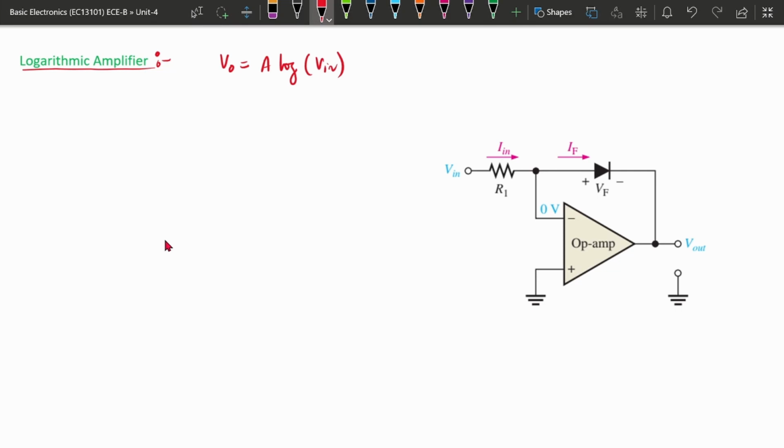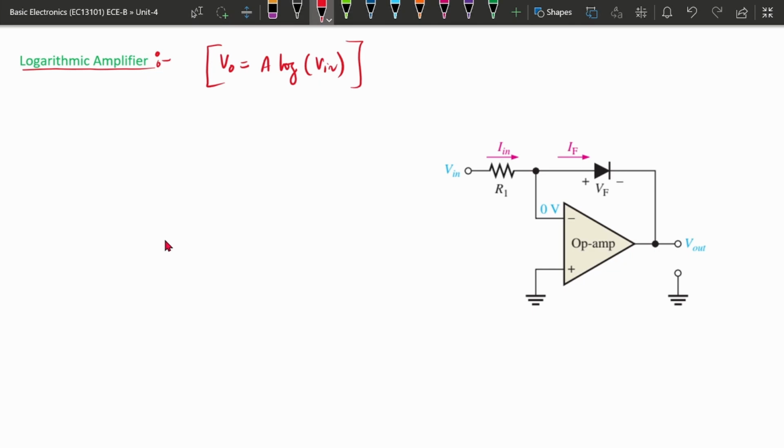For implementing this with a diode circuit, we know the current equation of the diode. This current equation can be used to make a logarithmic amplifier, so that the relation between input and output is logarithmic. We do a similar analysis as in the resistance case.